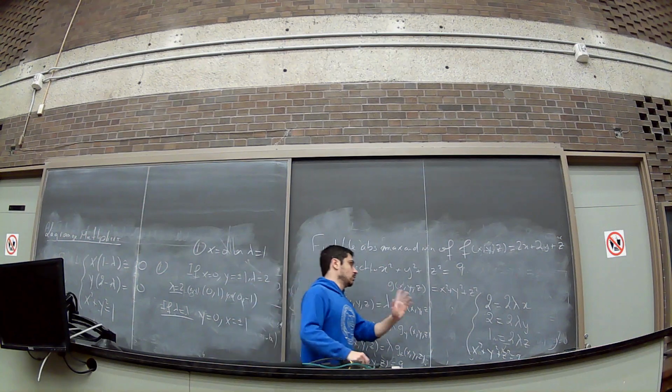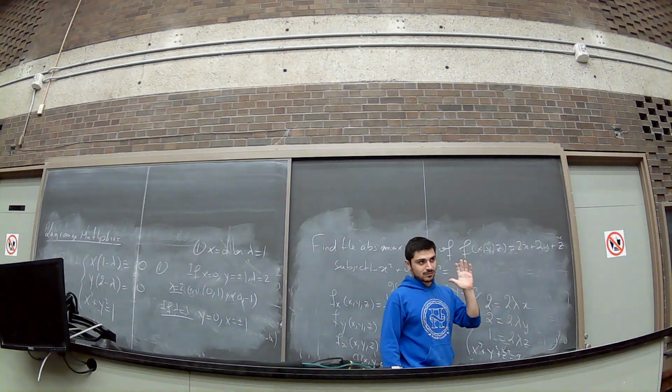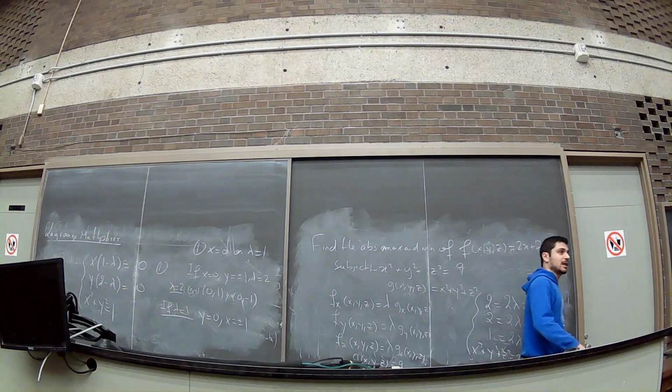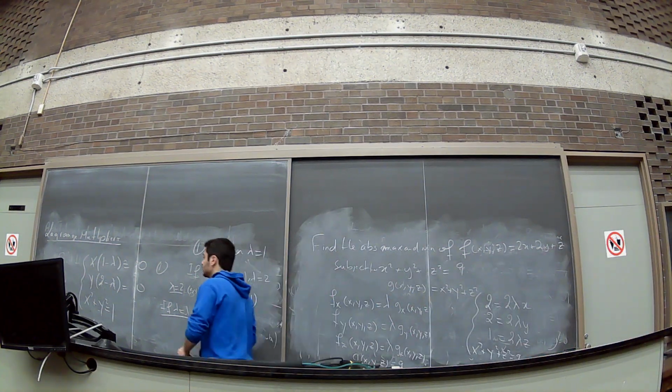So, if lambda is different than 0, then you can divide, because there is no 0 in the denominator. But first of all, we have to show that lambda is different than 0. What if lambda is equal to 0? What does the equality become? 2 equals 0. Does that make sense? No. So any solution to my system must have lambda different than 0.